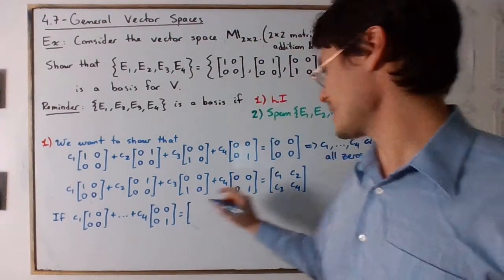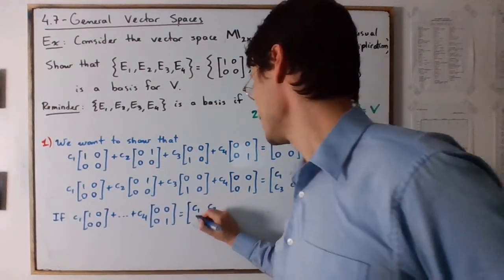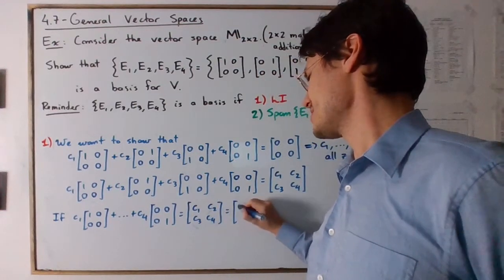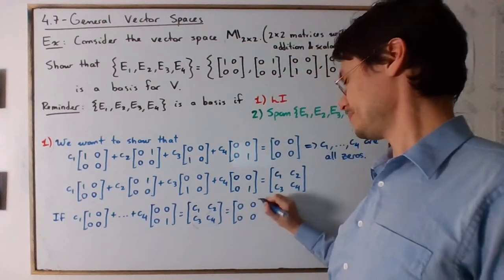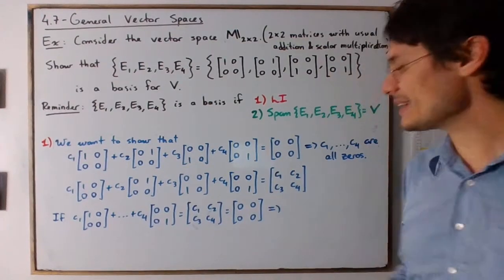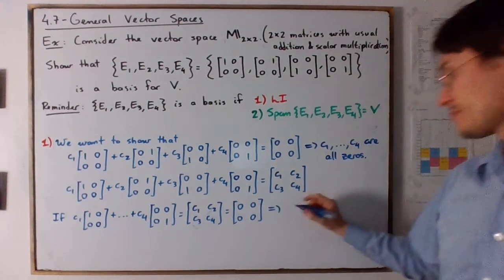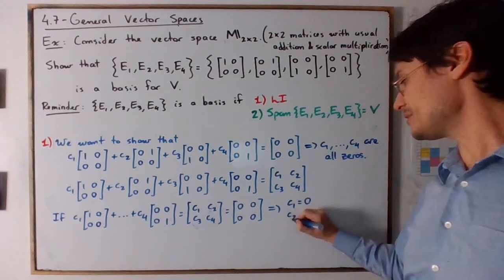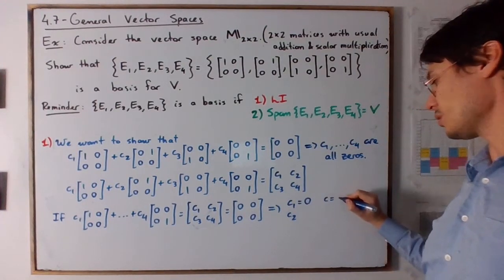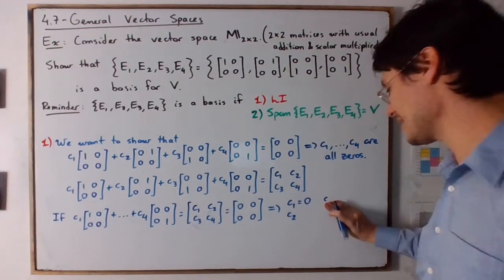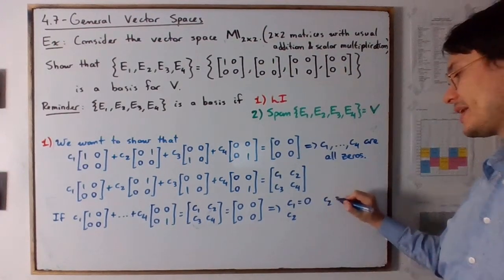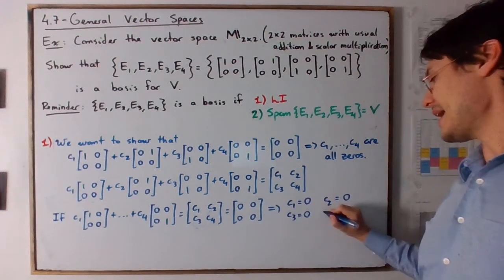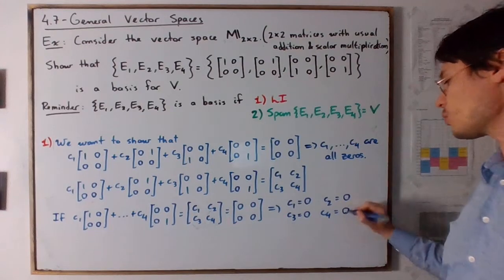And then actually, let's write this again, C1, C2, C3, C4 equals the matrix 0, 0, 0, 0. Then equating the entries, we get C1 is equal to 0. C2 is equal to 0. I'm gonna write it as I'm equating the entries. C3 is equal to 0, and C4 is equal to 0.